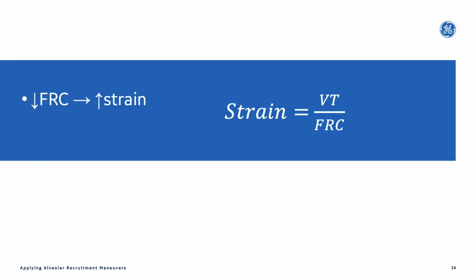This decrease in compliance and resultant increase in driving pressure can lead to increased strain of the lung. Again, strain is given as the ratio of tidal volume to FRC. As FRC decreases, strain must therefore increase, and as tidal volume decreases, we can reduce the strain on the lung. This is the basis of the recommendation for low tidal volume ventilation.